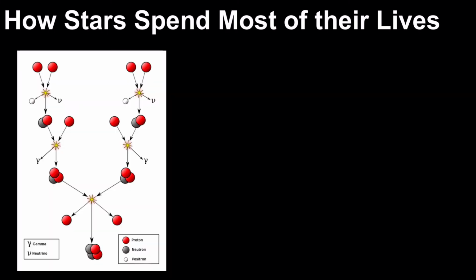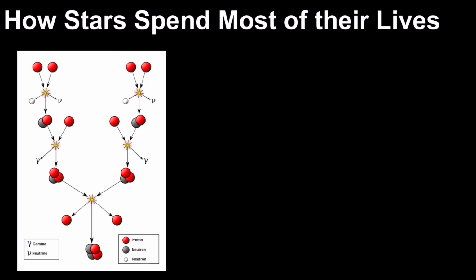The lives of different masses of stars are very similar, up until they die. Let's walk through the life of low mass and high mass stars. The majority of a star's life is spent using their fuel through nuclear fusion. Nuclear fusion happens when two atomic nuclei come together to form one atomic nucleus and subatomic particles like protons and neutrons.